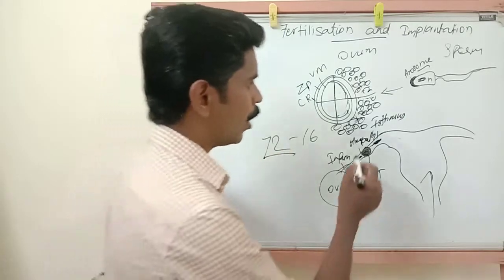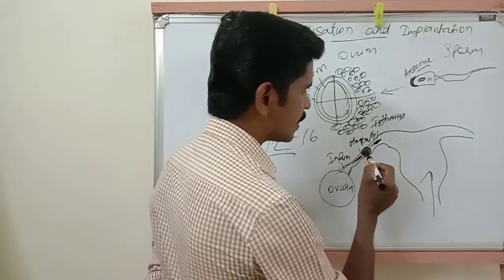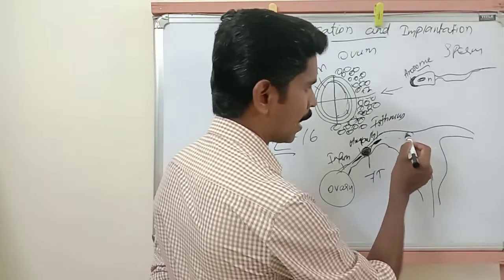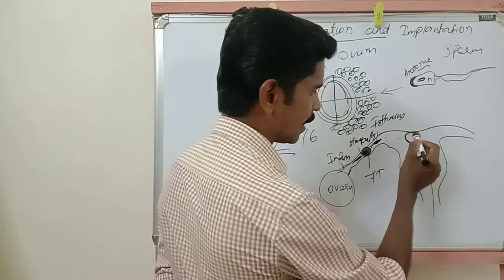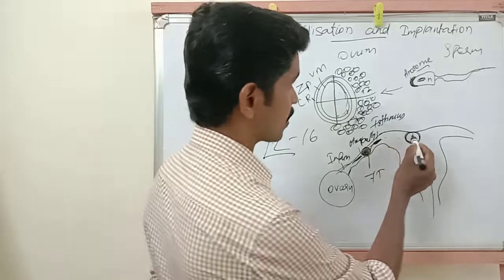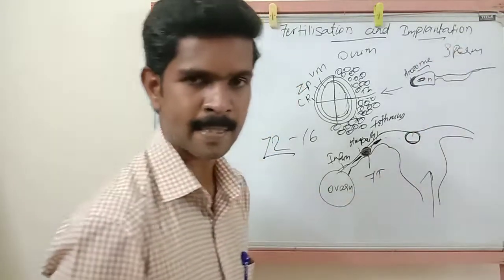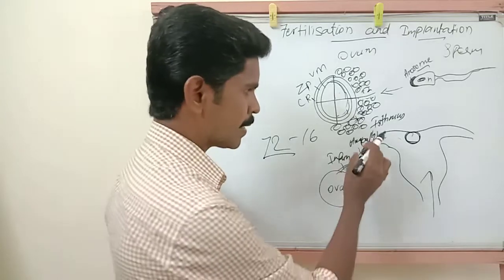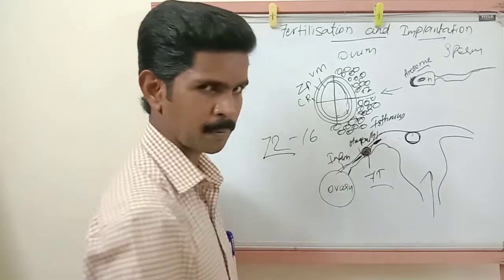Okay, so now this morula stage moves from the fallopian tube and finally it is fixed in the wall of the uterus. This process is called implantation. So fertilization takes place in the fallopian tube.